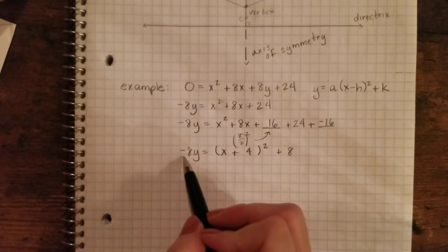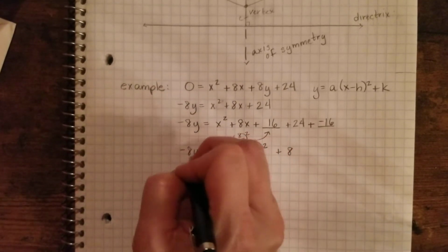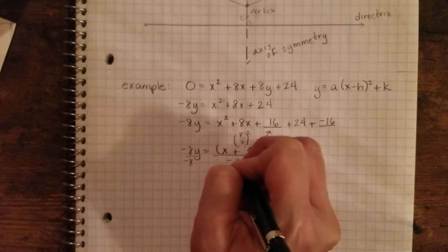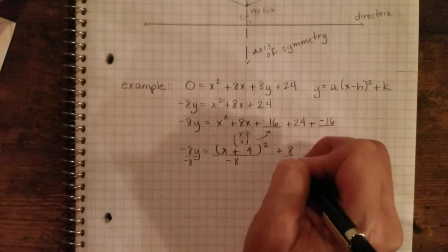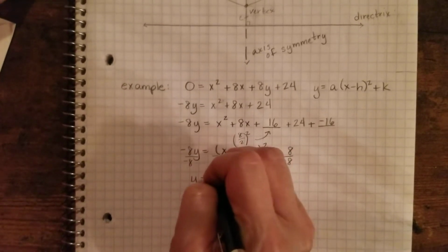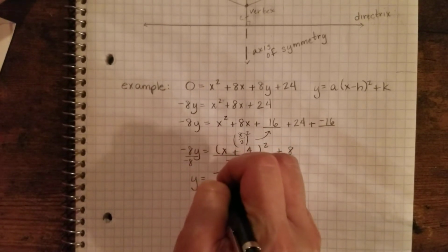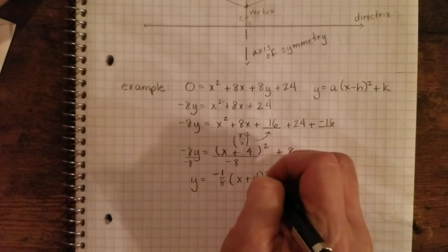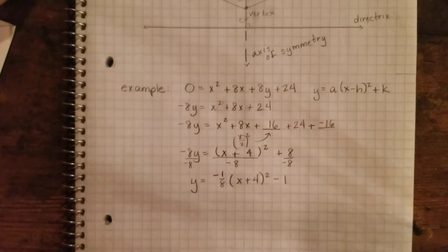We're going to divide both sides by negative 8, all terms. We end up with y equals negative 1/8 (x plus 4) all squared minus 1.